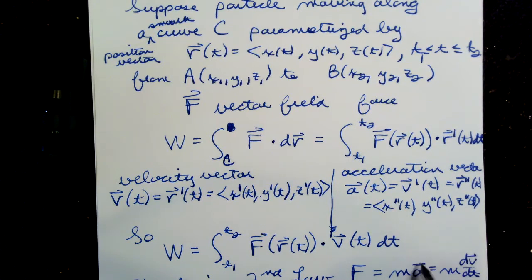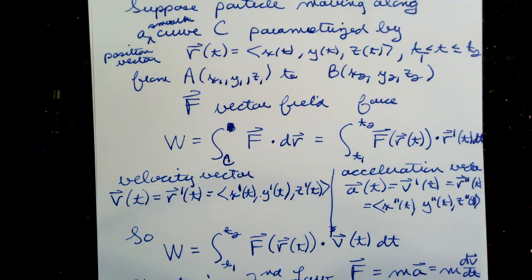These are vectors. So the work is the integral from T1 to T2 of m dv dt dotted with v of t dt.